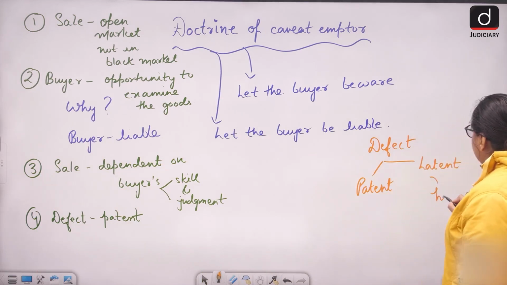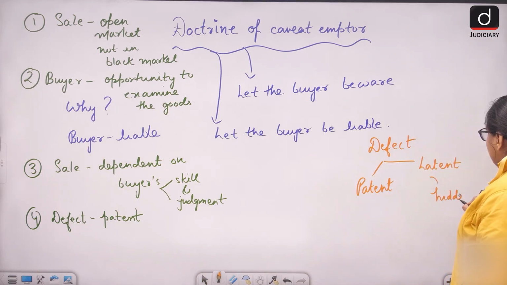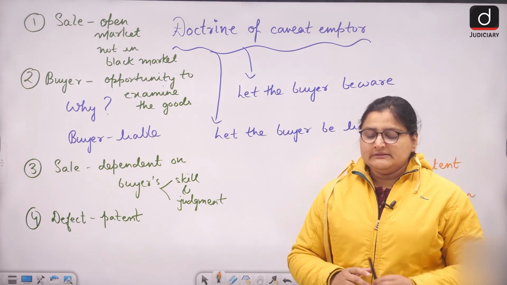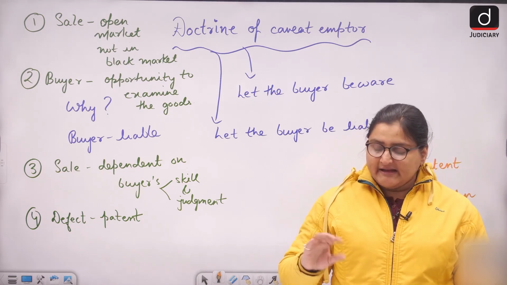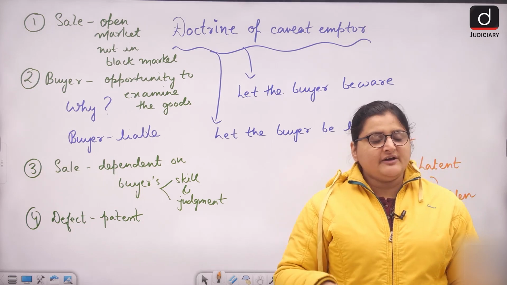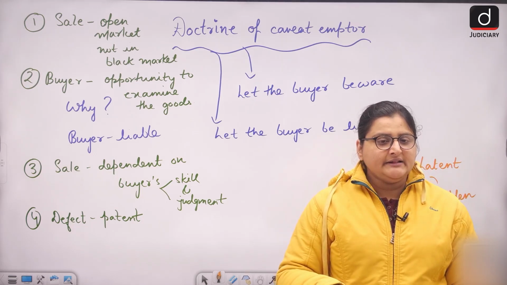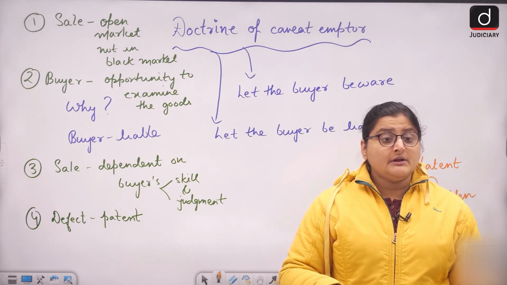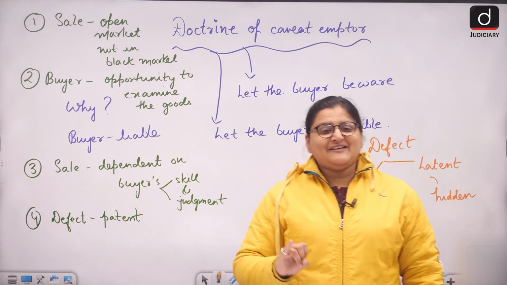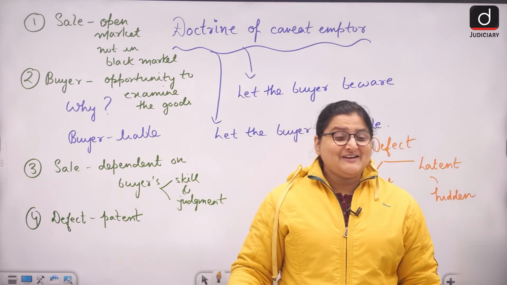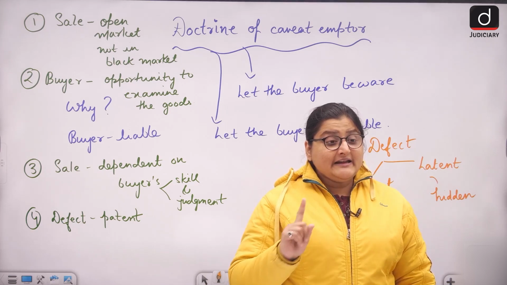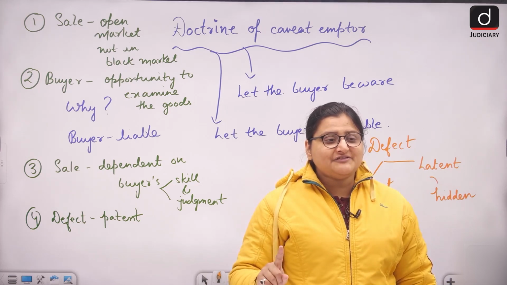So whenever the defect in the goods is patent, for example if you go to buy a register and the cover page is torn or the inside pages are missing, what kind of defect is there in the register? Patent defect or latent defect? The cover is torn or the inside page is torn, it could be very easily revealed by ordinary diligence. Which defect?